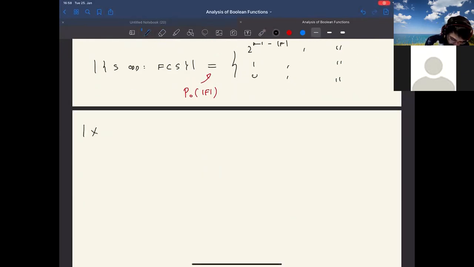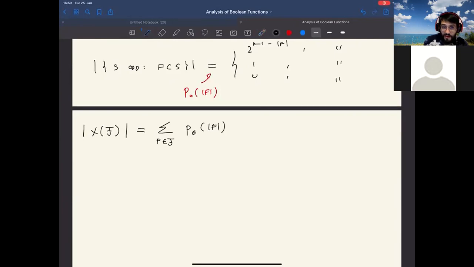So what's the cardinality of this set? Well, it's simple. You can just use the inclusion-exclusion principle. Recall that I'm selecting even sets that contain one set. So maybe you contain one set, or two sets, or three sets, or four sets.